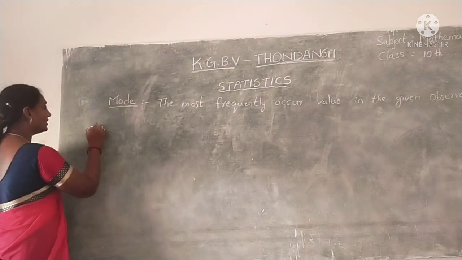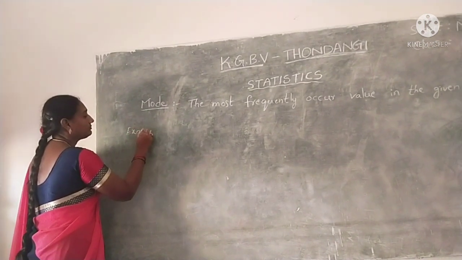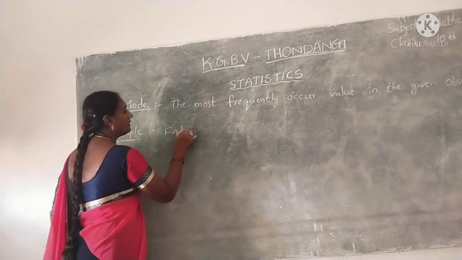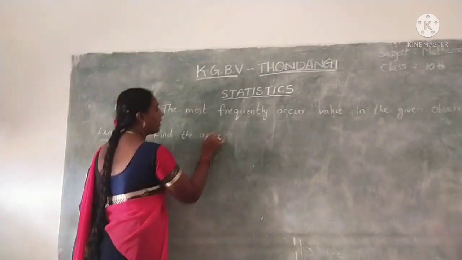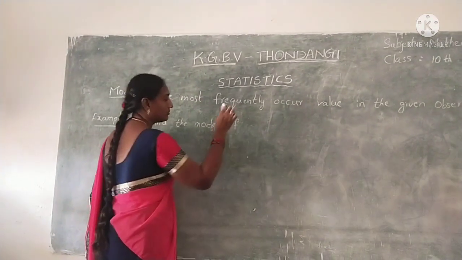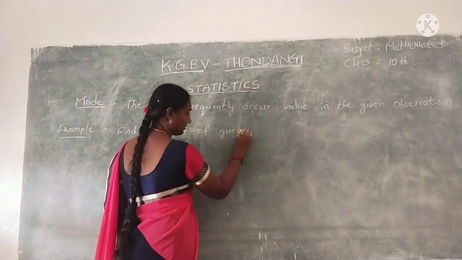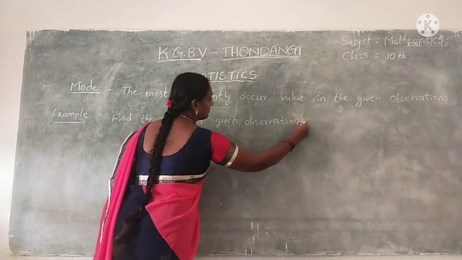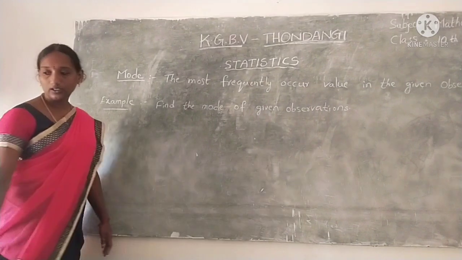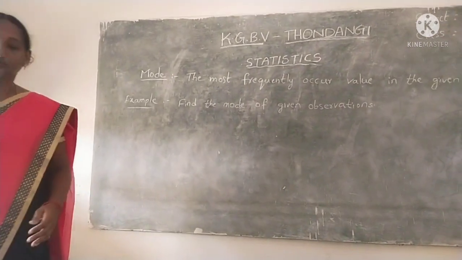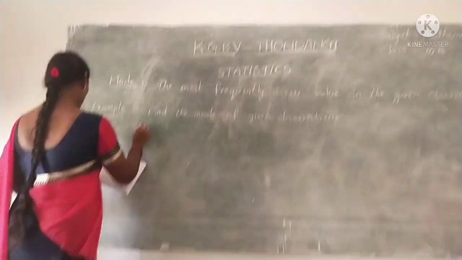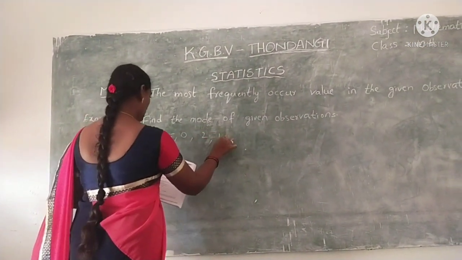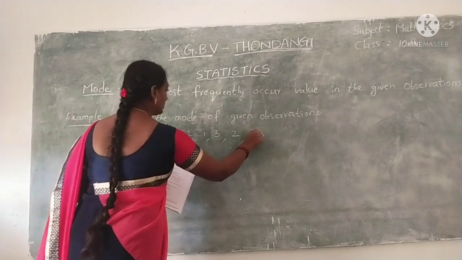So, let us check it with one example. Find the mode of the given observations. What observations are given? 2, 6, 4, 5, 0, 2, 1, 3, 2, 3.